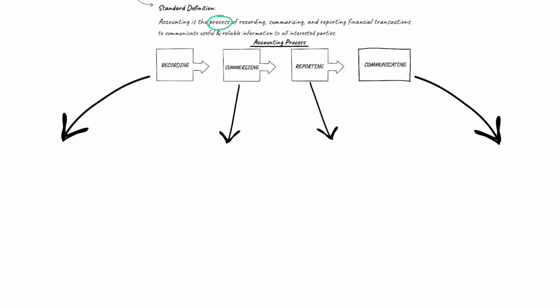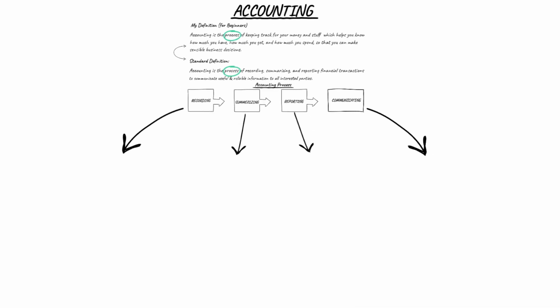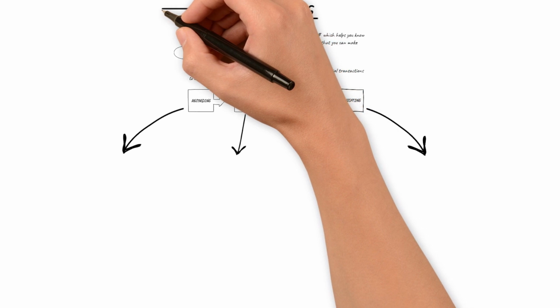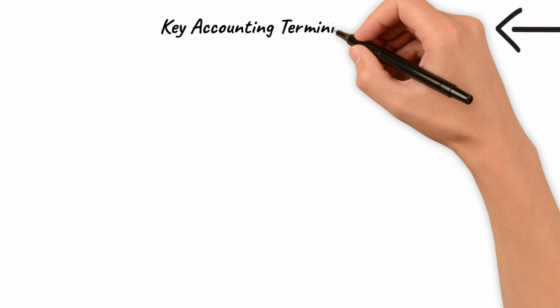But before I explain this 4-step accounting process, let's take a step back. This is the right time for you to quickly familiarize yourself with some basic accounting terminologies that are important to understand. Let's look at some key terminologies in accounting.